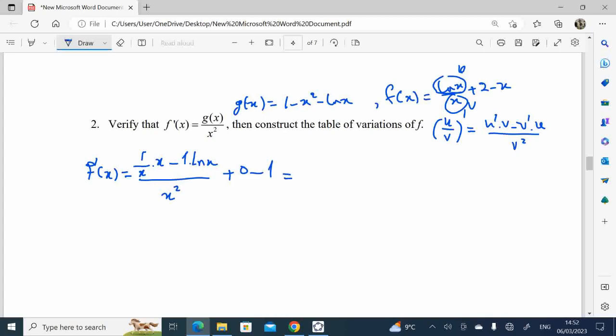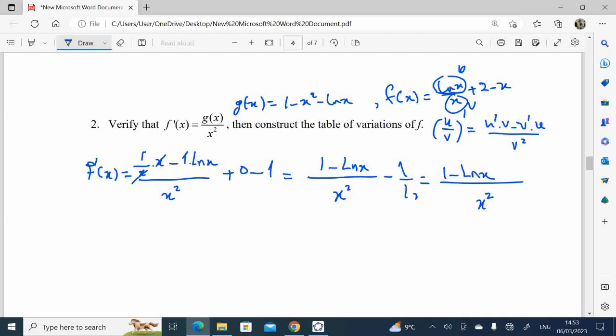So let us simplify. We get x squared in the denominator. Here we have x and x cancelled. We get 1 minus 1 times ln x, which is ln x. 0 minus 1 is minus 1. So if I continue this to make a common denominator x squared, it is 1 minus ln x.